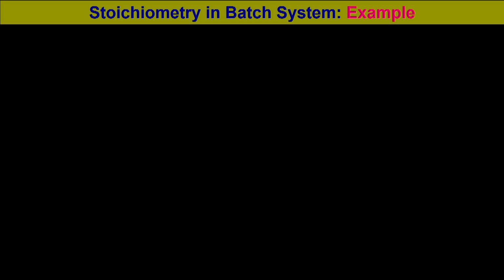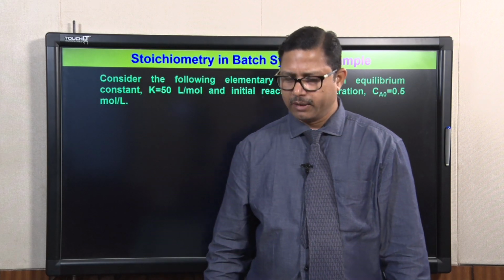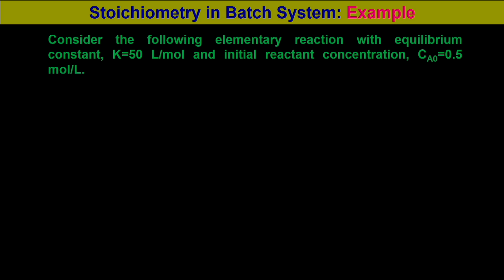Now, let us consider an example for the batch system. Consider the following elementary reaction with equilibrium constant K of 50 liter per mole and initial reactant concentration Ca naught of 0.5 mole per liter.